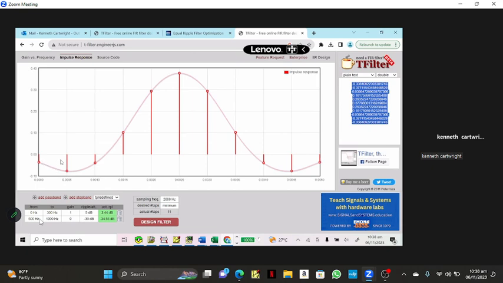H of 0, H of 1, H of 2, H of 3, H of 4, H of 5, H of 6, H of 7, H of 8, H of 9, H of 10, sorry, H of 10, because they're 11 points. Right here, down here it says 11 taps, actual number of taps, 11. That's how you get the symmetry. You get 5 to the left and 5 to the right.